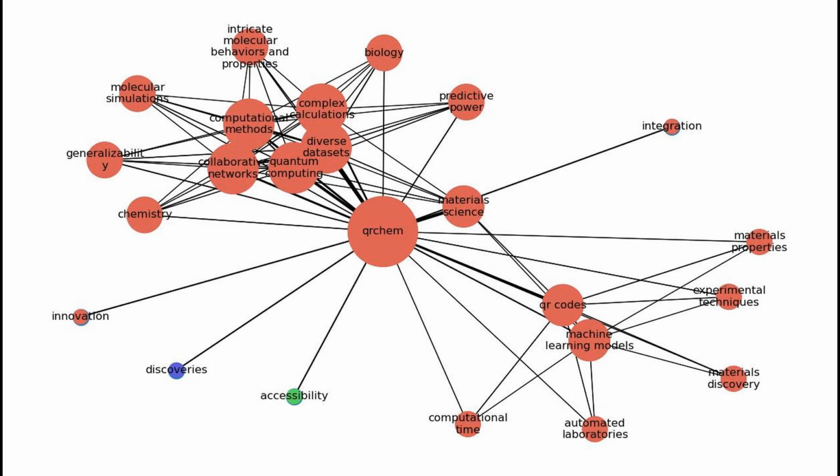Simplifying the integration of QRChEM into existing workflows would enable more scientists to leverage its capabilities, driving innovation in materials design and discovery. Overall, the synergy between QRChEM and these emerging technologies holds great promise for advancing the field of materials science, leading to faster and more efficient discoveries.